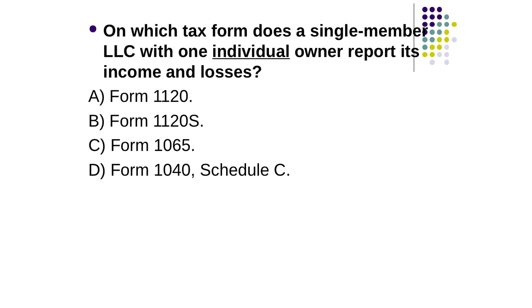So the answer here is D, the Form 1040 Schedule C. And the reason why is because it is a single member LLC, but it has one individual owner. And typically, individuals will report their taxes on the Form 1040.